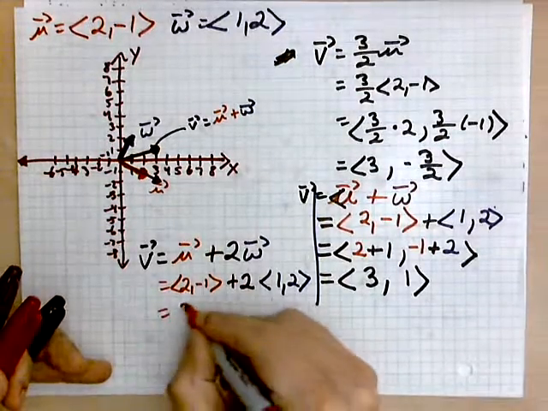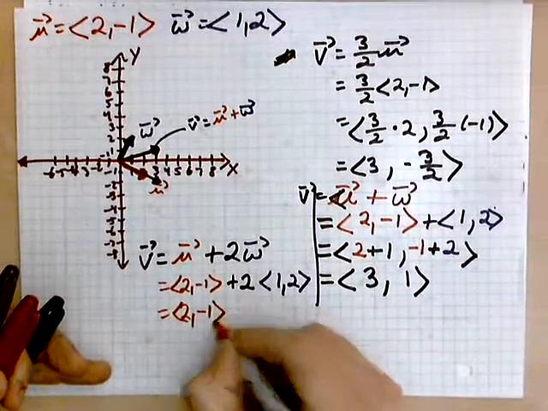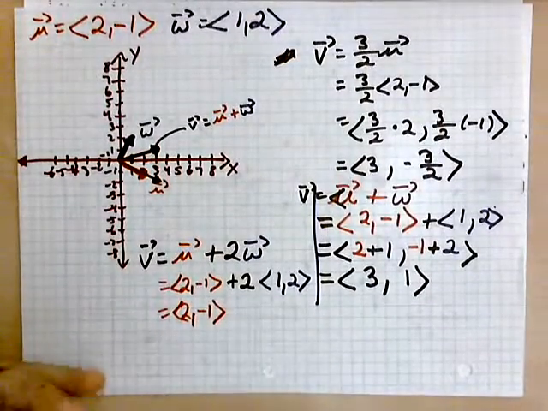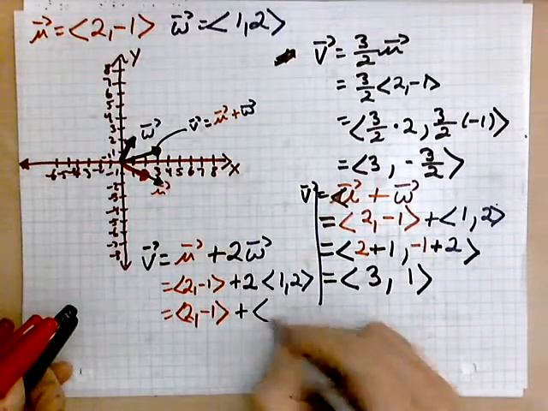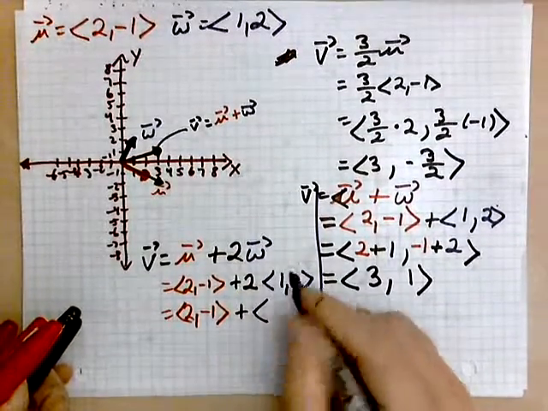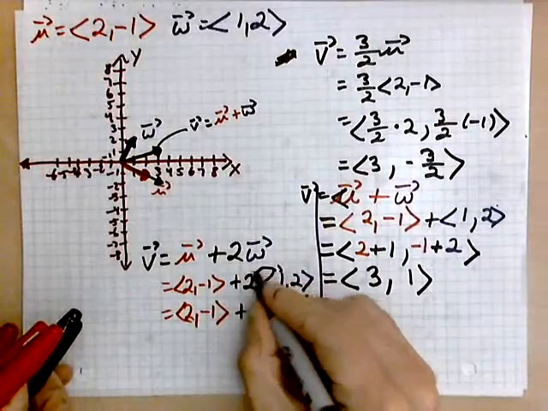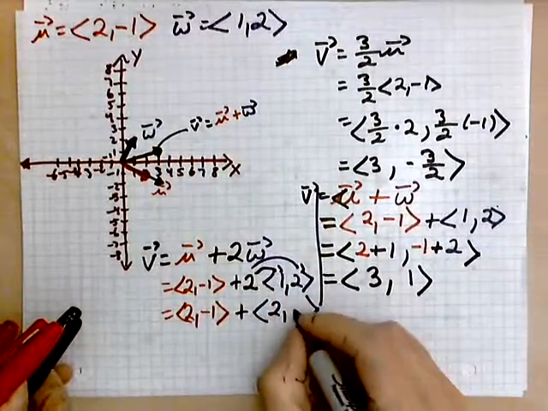So first we have just 2, negative 1, plus, and now we are using the distributive property. 2 times 1 is 2, and then 2 times 2 is 4.